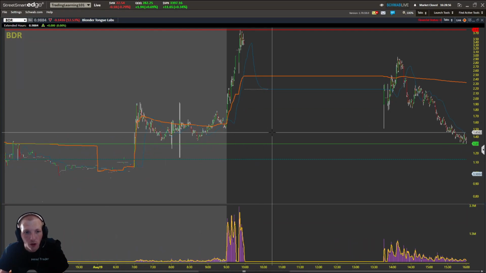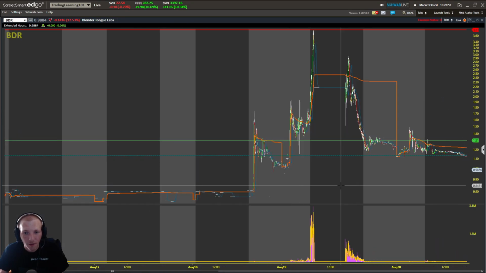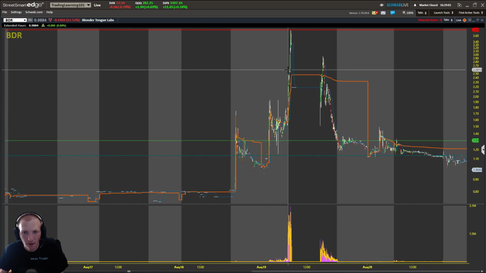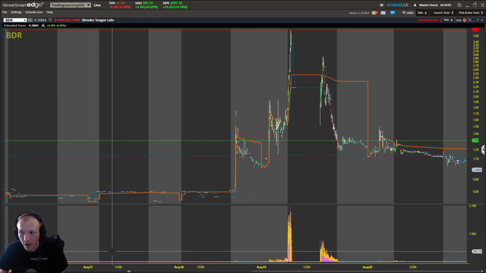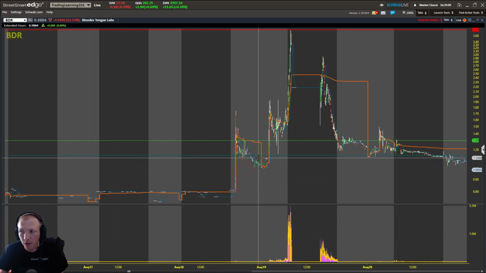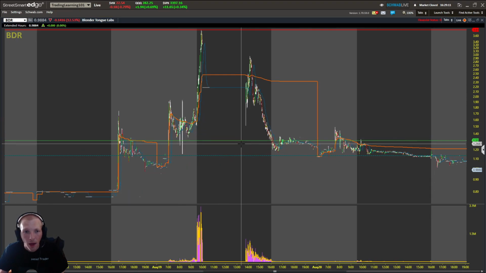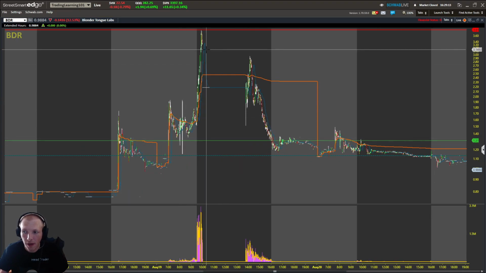And then as we zoom out right here, even if you zoom out days before this big spike, there's no volume. So no volume, stock starts to heat up pre-market and boom, shoots up in price. You know what probably happened with this? Some chat room out there pumped this stock. That's exactly what happened.